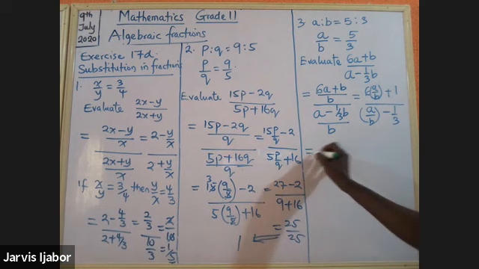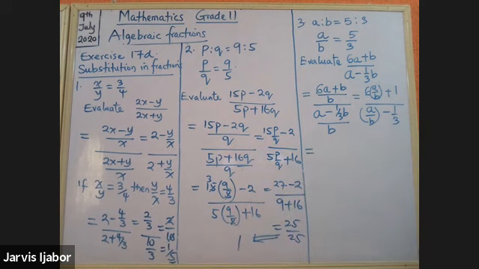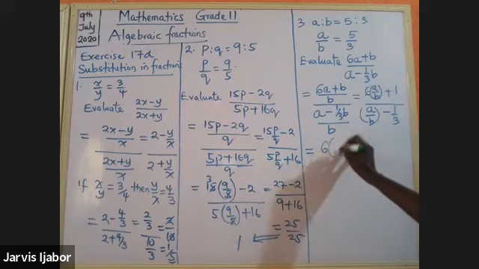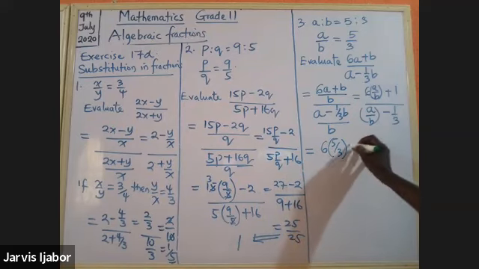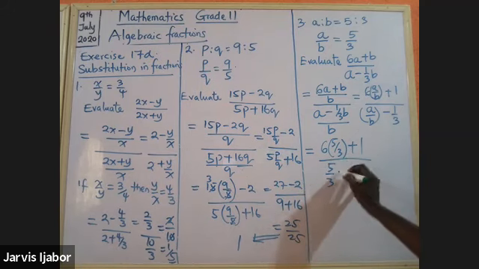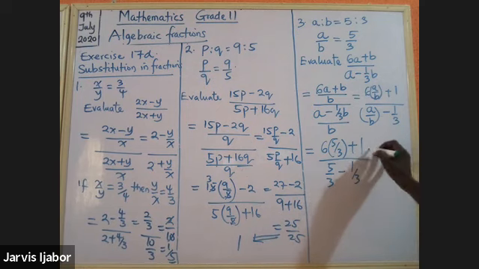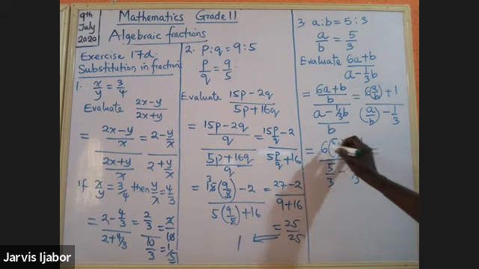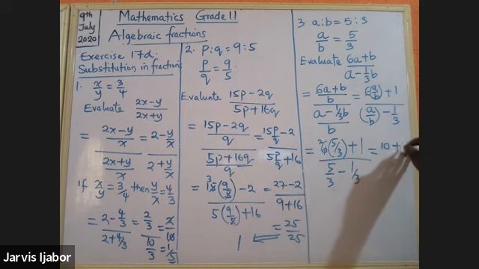So what do you have? This will give you A over B is what? 5 over 3. So this will be 6 into 5 over 3 plus 1 divided by 5 over 3 minus 1 over 3. This one will give you 10 plus 1 over, this one will give you 4 over 3.